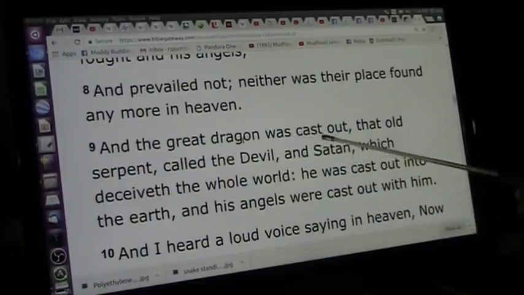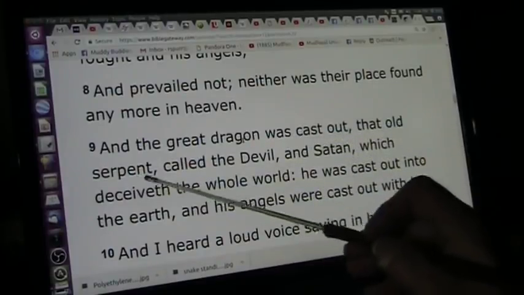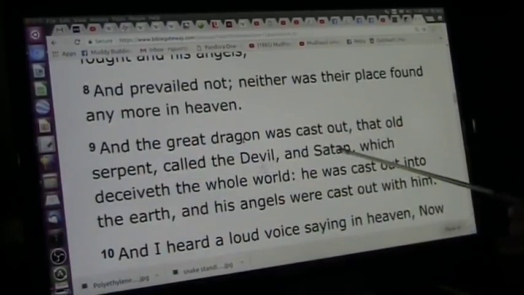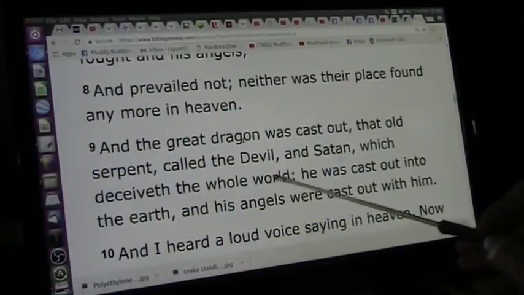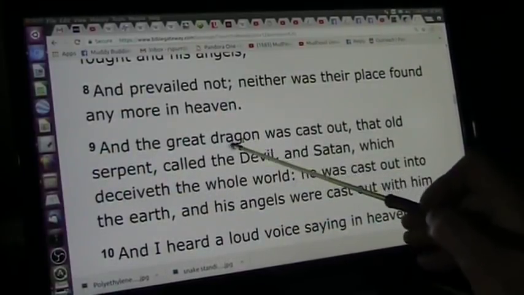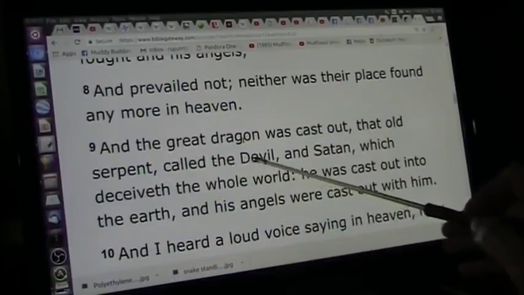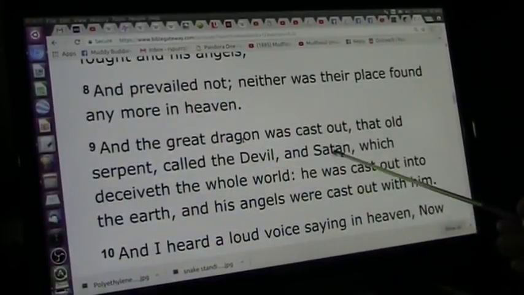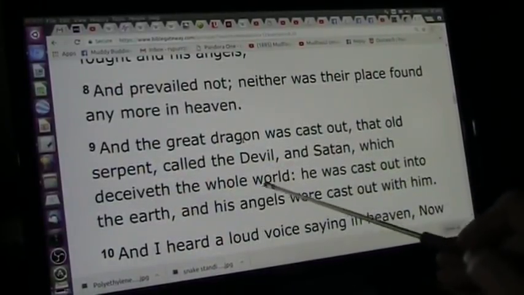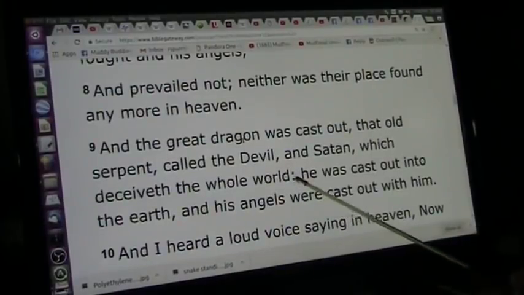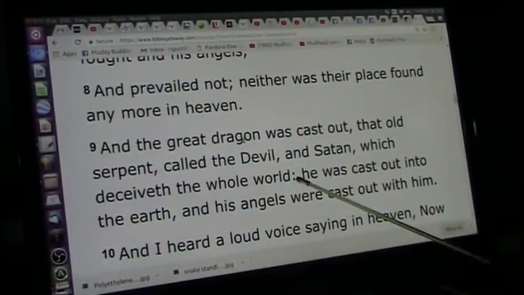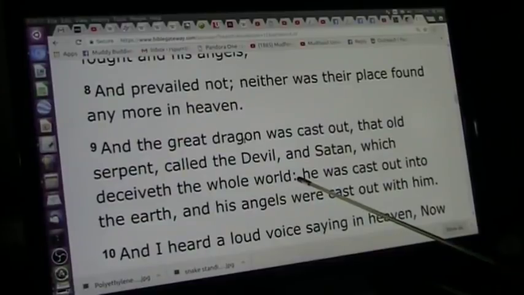And a great dragon was cast out, and that old serpent called the devil and Satan, which deceiveth the whole world. So that's the dragon, which is the serpent, which is the devil, which is Satan. He deceiveth the whole world. He's trying to get what he wants by deceiving people.